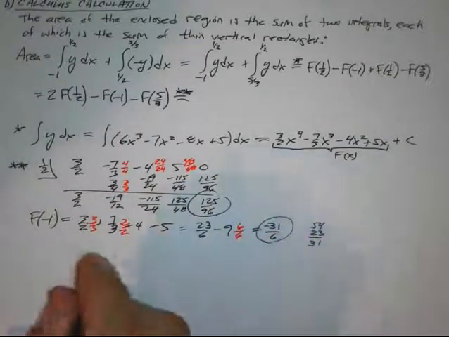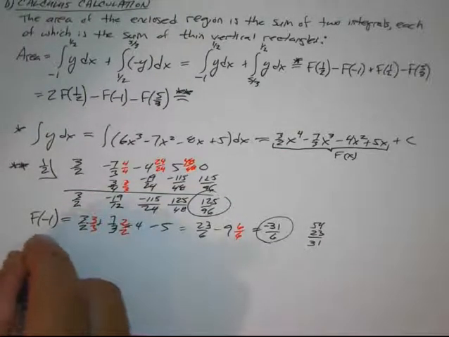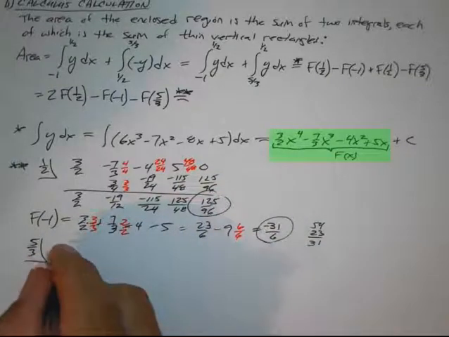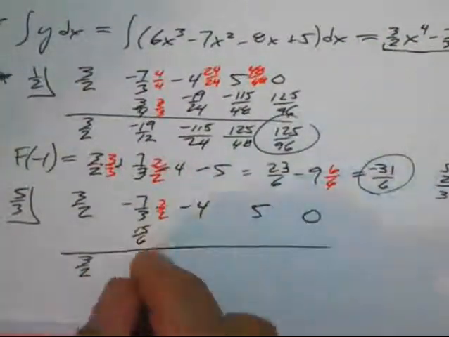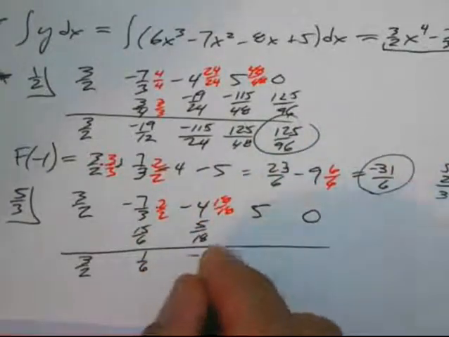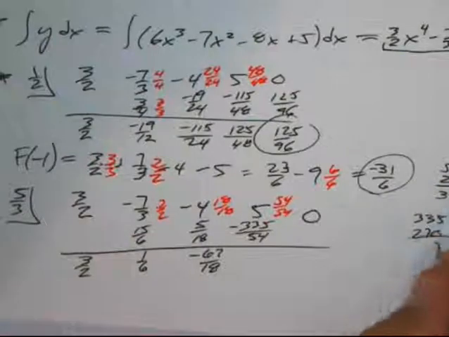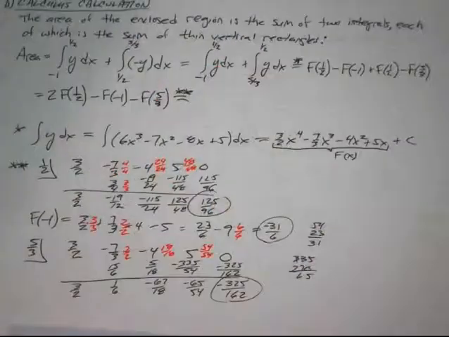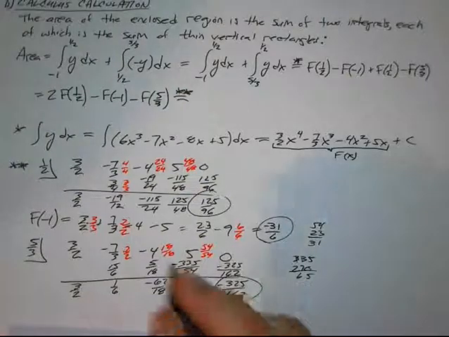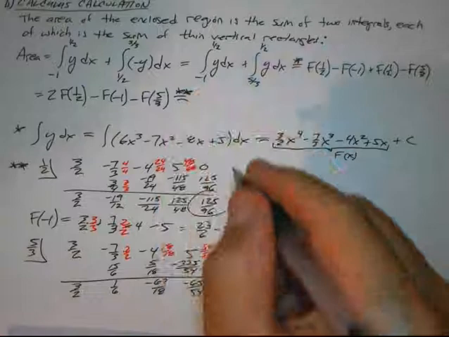So let's go with the synthetic substitution to compute this. The 5/3 goes in the box. The coefficients again. Okay, so we got our three values that we needed to proceed further to the main equation.